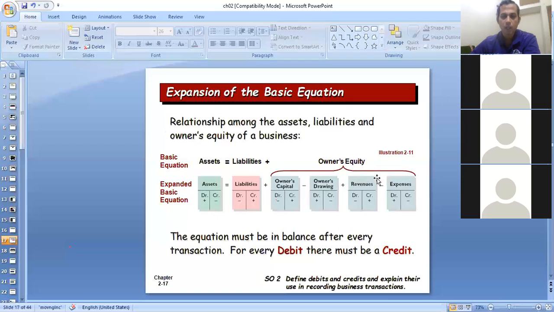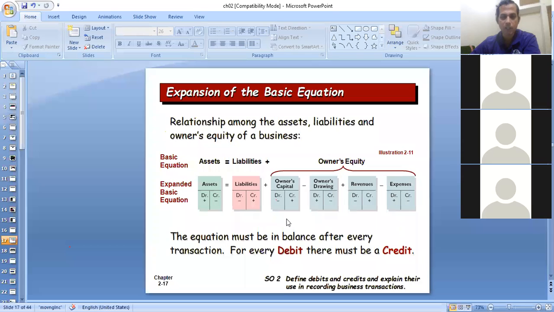All these are under the umbrella of owner's equity. If owners bring capital, it is plus. Drawings means minus, revenue coming to the business is plus, and expenses, meaning you are taking out money, is minus.